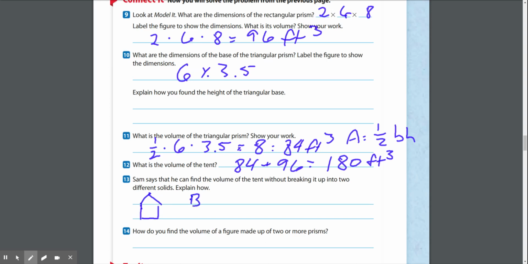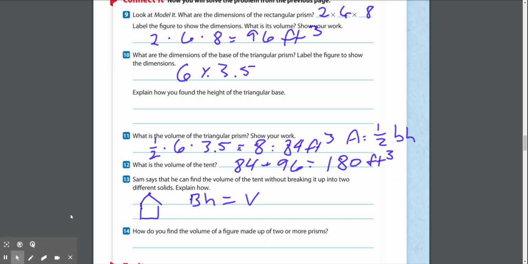So the area of the base times the height equals the volume. So how do you find the volume of a figure made up of two or more prisms? You just have to split it up and find each one individually. You find the volume of each one using the formula V equals area of the base times the height and add them together.